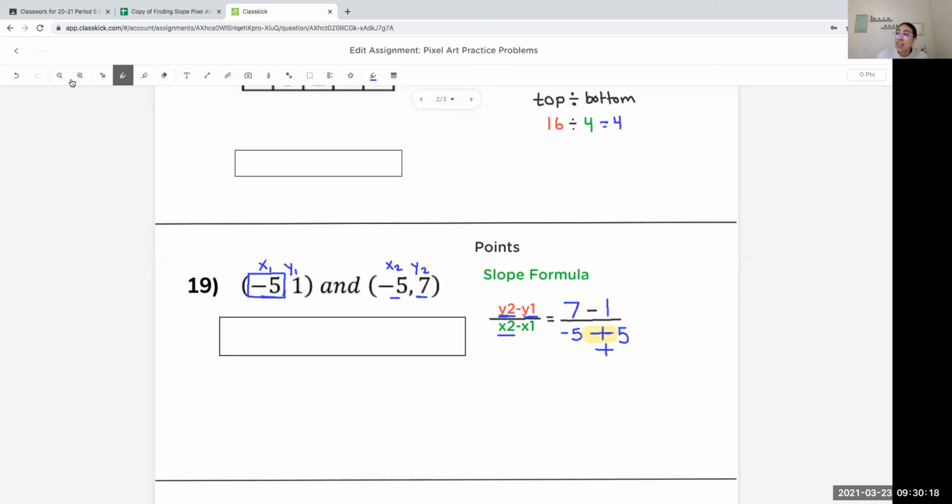I'm writing it underneath because I want to make sure you have these notes that when you have a double negative, that should turn into a positive. So instead of subtracting this here, it should be addition. So keep that in mind. All right. Now that we have our subtraction sentences, all you would have to do is subtract. 7 minus 1 is 6.